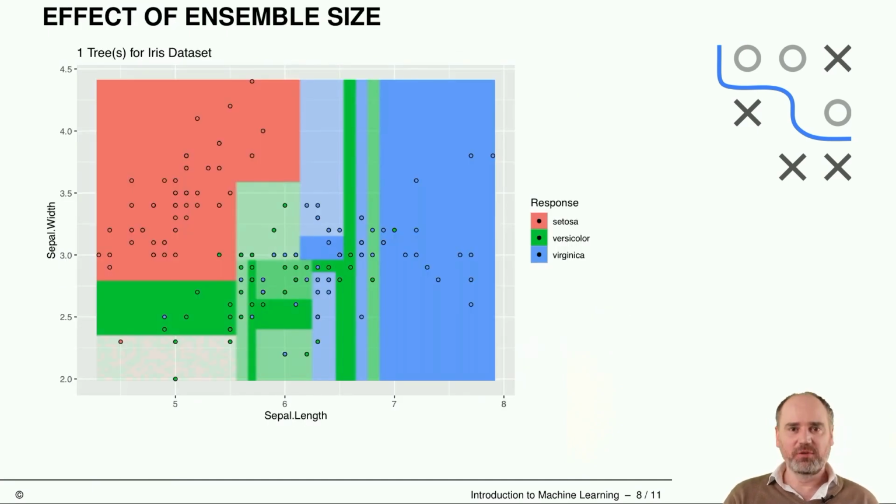Okay, here's a visualization of how our response surface changes when we average over more and more trees. Here you can see what happens on the iris data set if I visualize it for two features, using just one single tree.